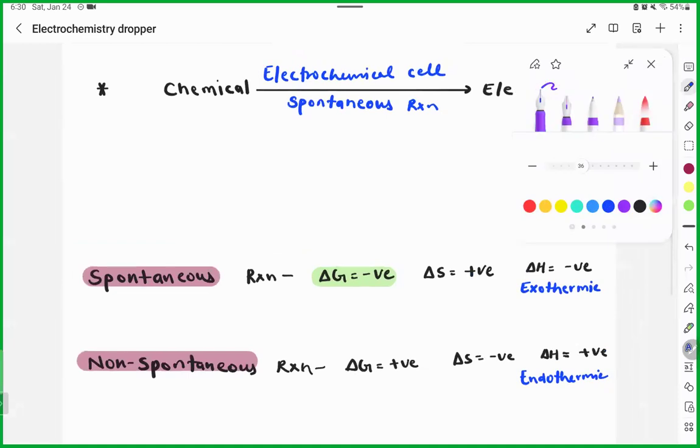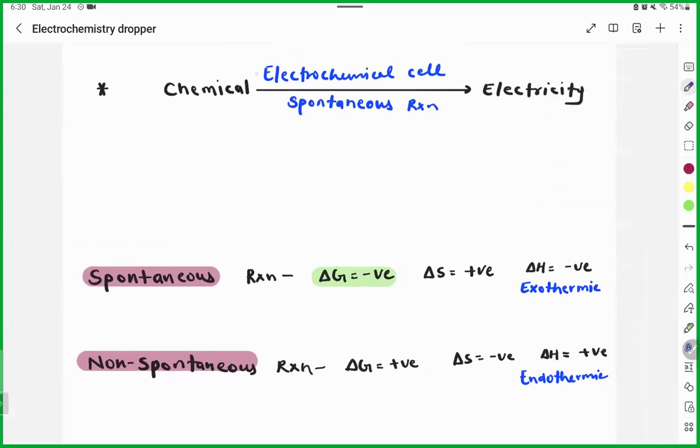So this is the electrochemical cell we're going to read in this chapter. Other than that, we have the electrolytic cell.